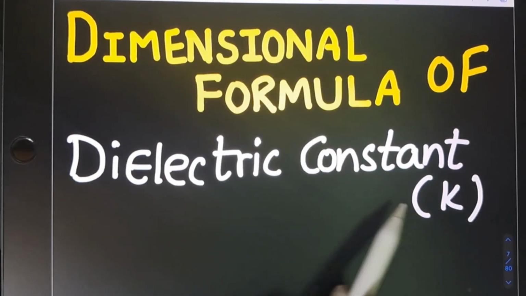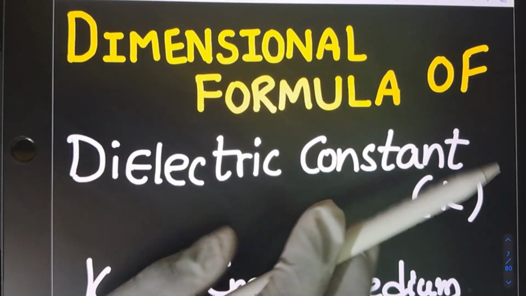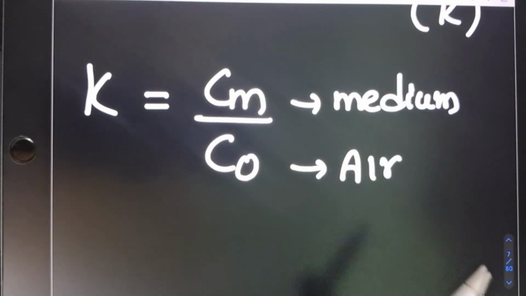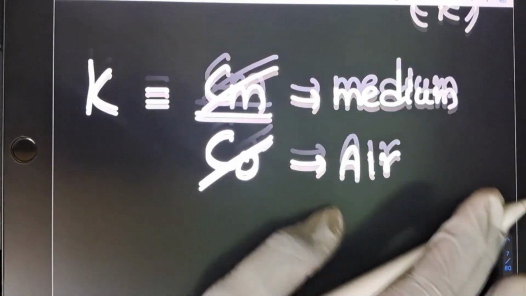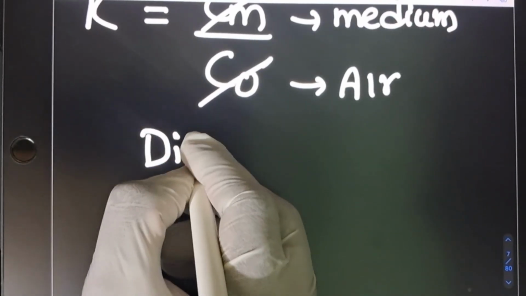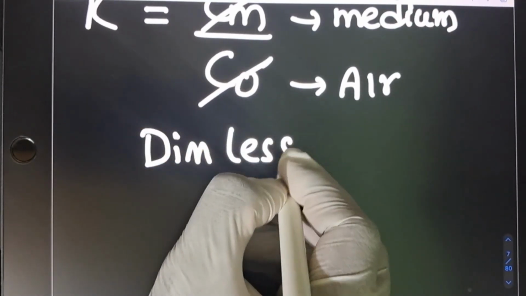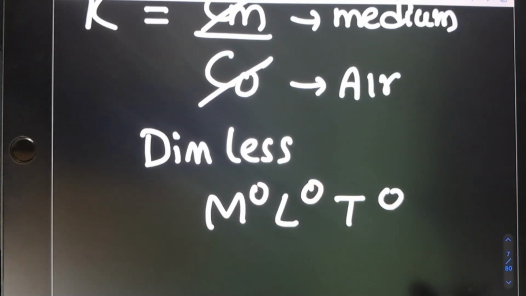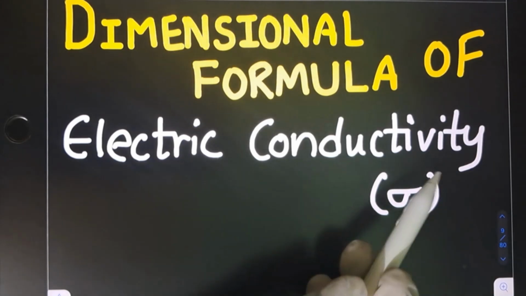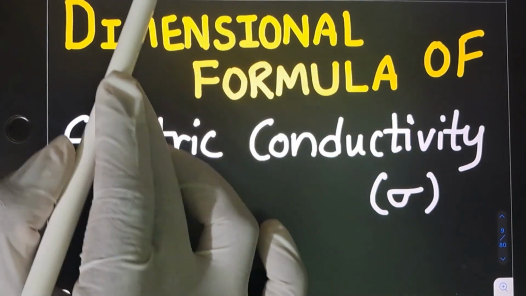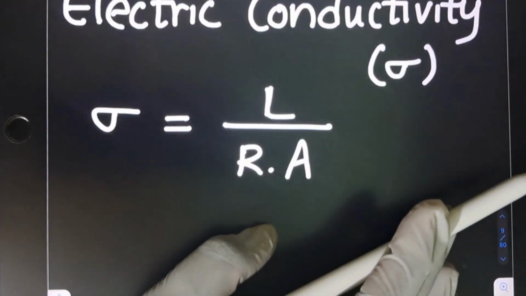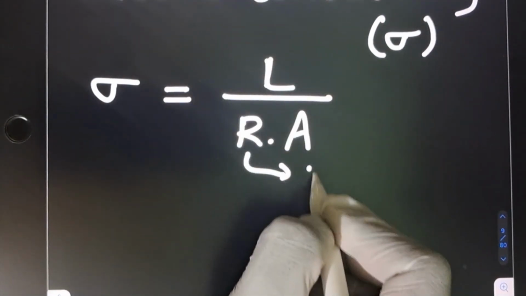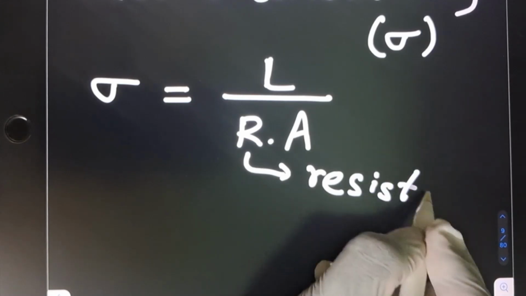To find the dimensional formula of dielectric constant denoted by the letter K, where K is equal to capacitance in medium by capacitance in air. On cancellation of the same dimensions of capacitance, it is dimensionless. M power 0, L power 0, T power 0. To find the dimensional formula of electric conductivity, denoted by the symbol rho. Rho is equal to length by resistance into A, area.